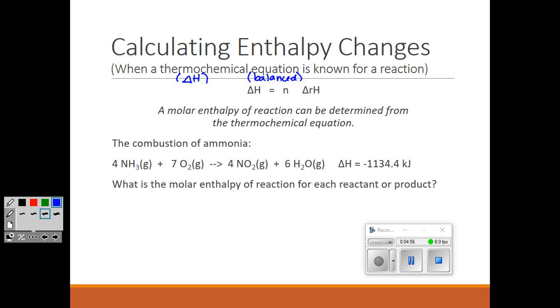And the formula is at the top of the page. Delta H, the enthalpy change in kilojoules, equals n, which represents the number of moles, measured in moles, so I'm not going to write it twice, times delta rH, which will be our molar enthalpy in kilojoules per mole.